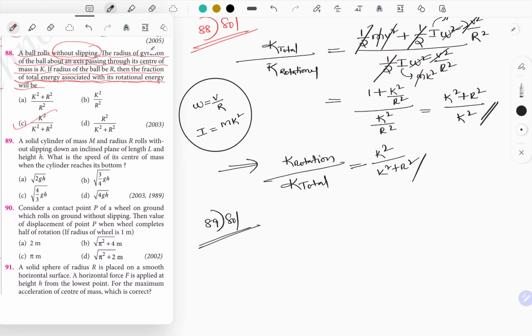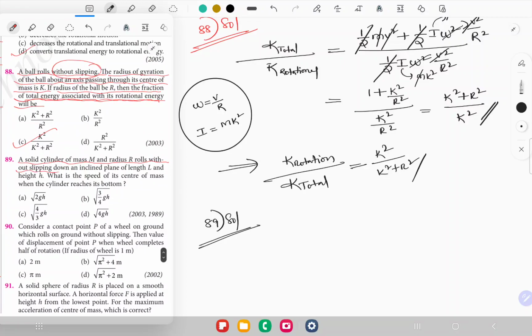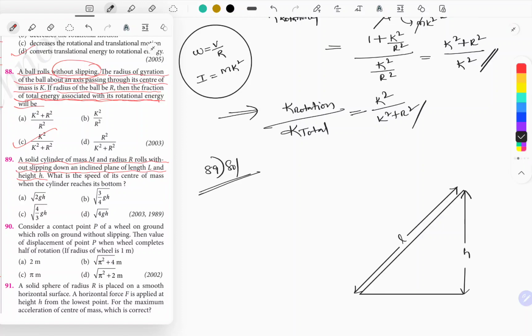Next, question number 89. Let's solve that. A solid cylinder of mass capital M and radius capital R rolls without slipping. Without slipping in the sense it is rolling. It will have translational kinetic energy and rotational kinetic energy. It rolls down an inclined plane of length L and height h. So this is a cylinder, right?